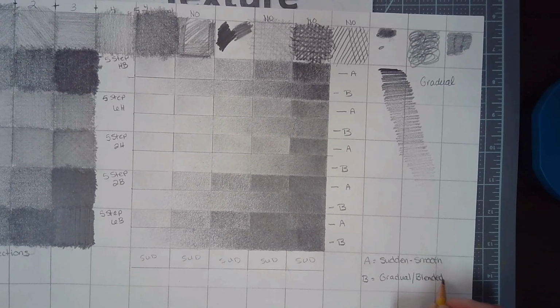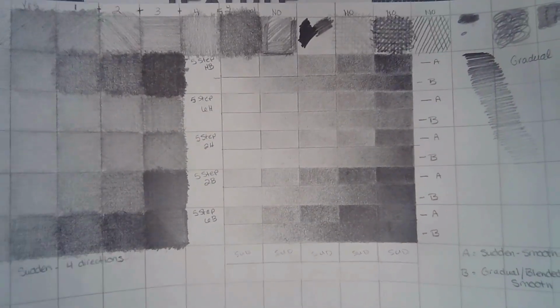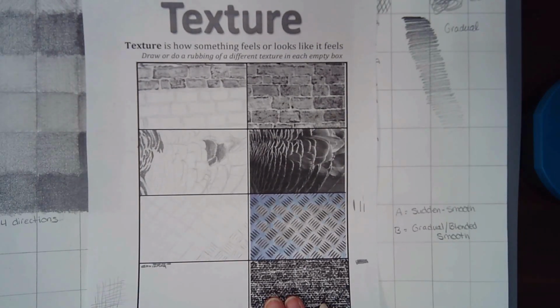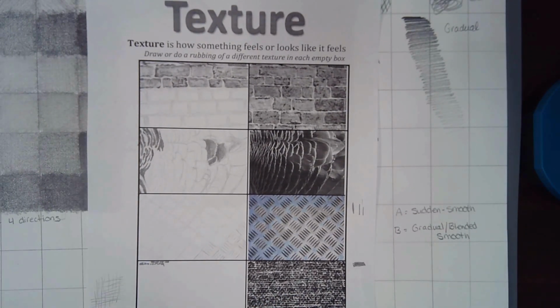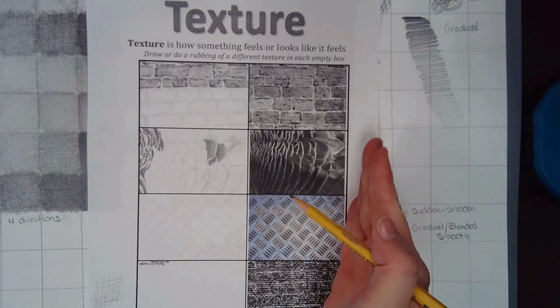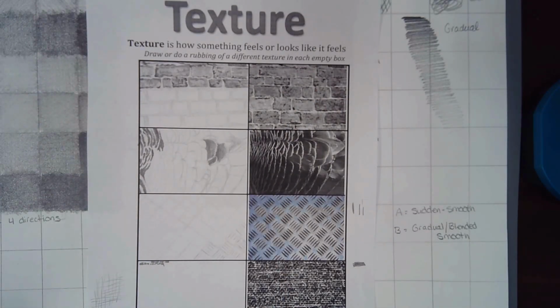Once you've worked through these, you want to get a texture handout and start applying some texture to this handout, trying to copy the textures on the right over to the left. Remember, you want to use line, value, and contrast. It does help to recognize the shapes that are creating the pockets of different values in each texture.